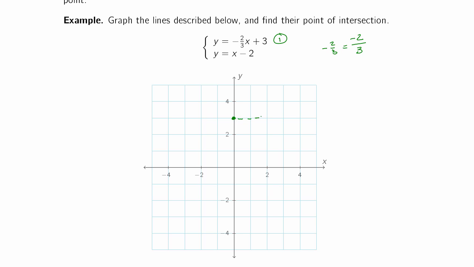Positive 3 in the denominator means go right 3 units. Negative 2 in the numerator means go down 2 units. So these 2 points are going to be on our graph. We'll draw the line through those.